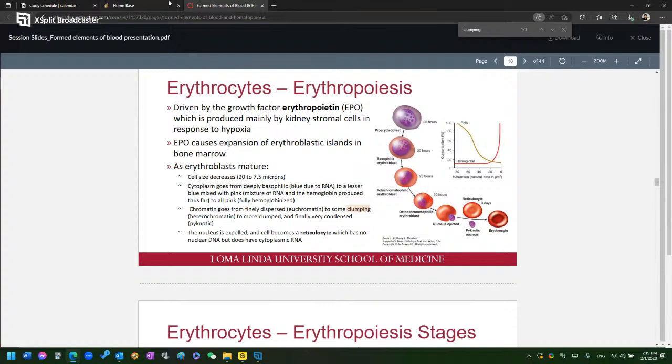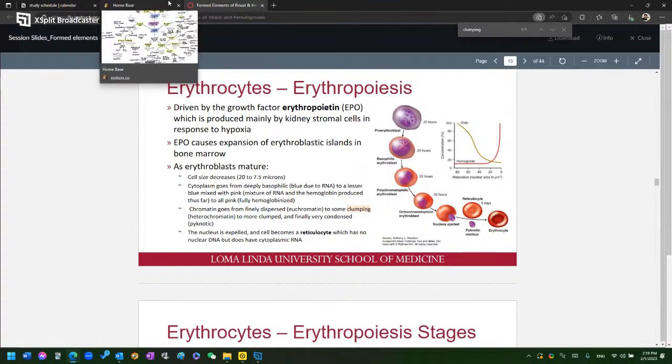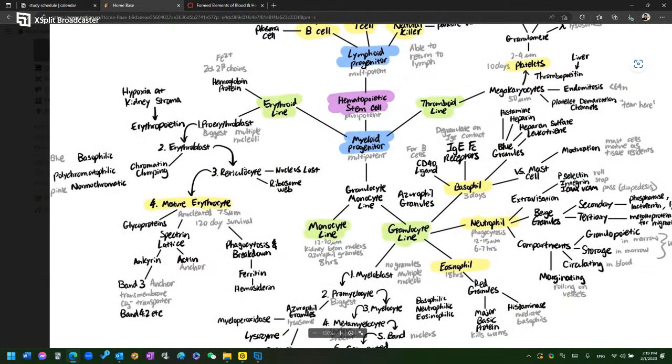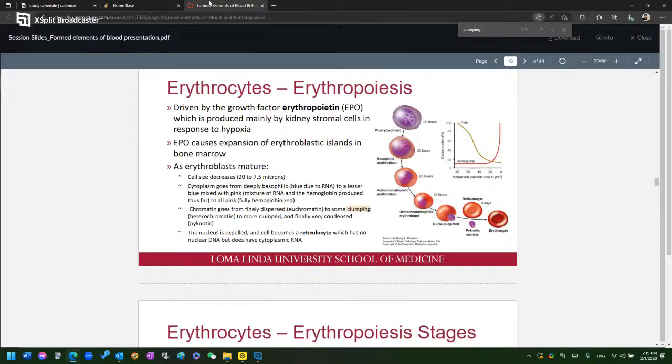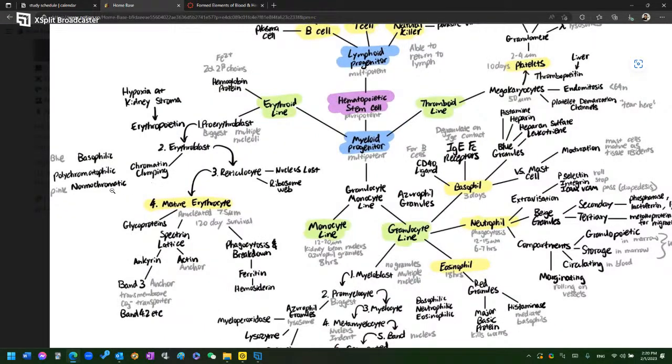Essentially, if it has a nucleus and it's on its way to being a red blood cell, we call it a blast, right? So these will change color over time, going from blue basophilic, which means it grabs the blue basic dye well, and then becoming more and more red over time.